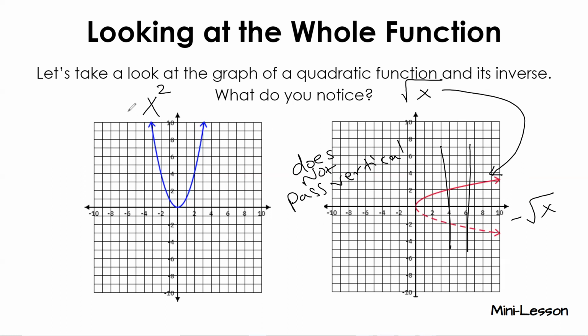So what I would write on your paper is that x squared and the square root of x are inverses, but the inverse function of the quadratic is not a true function. So it does not pass the vertical line test. So I would write this, and I would say the inverse does not pass the vertical line test.